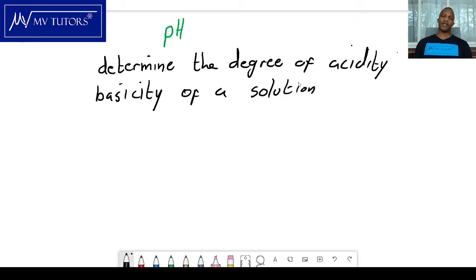Okay, so the other thing that you must know about this is the definition of pH, or rather the formula of a pH, how to solve it.